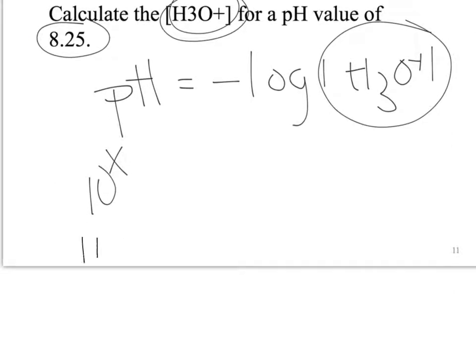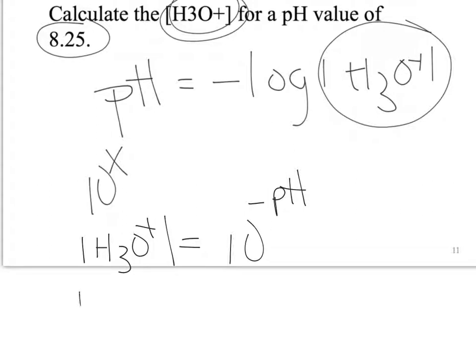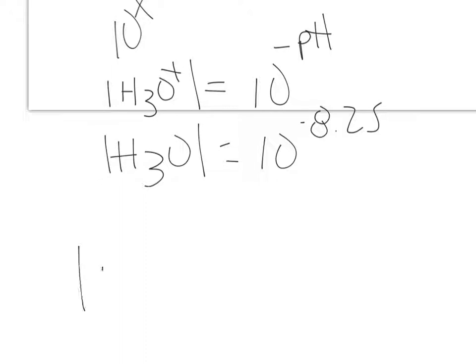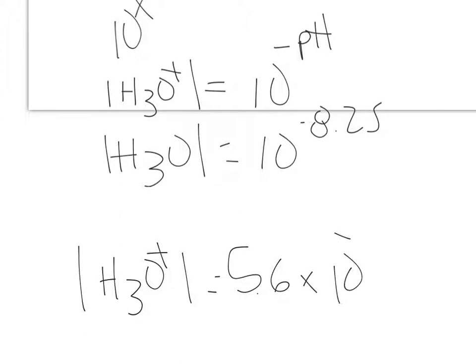The concentration of H3O plus is equal to 10 raised to the power of the negative pH. In your calculator, you just write 10 to the negative 8.25, and that will be the answer. The concentration of H3O plus equals 5.6 times 10 to the negative 9 molar.